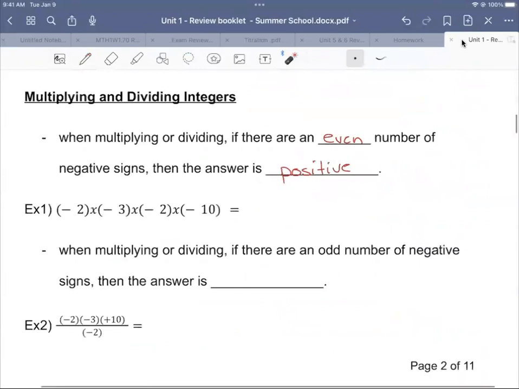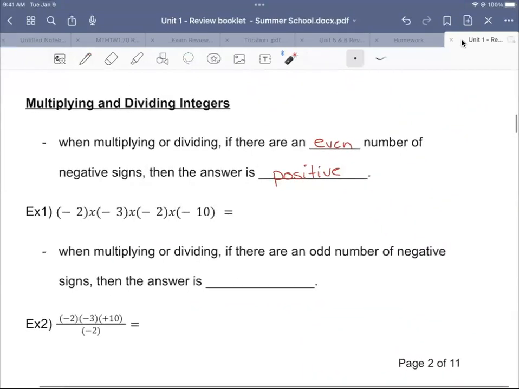So if we take a look here, we have the example -2 times -3 times -2 times -10. And even if I show you this by doing it in multiple steps, we would have -2 times -3 gives me +6.